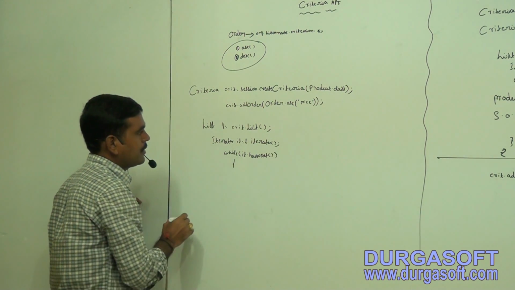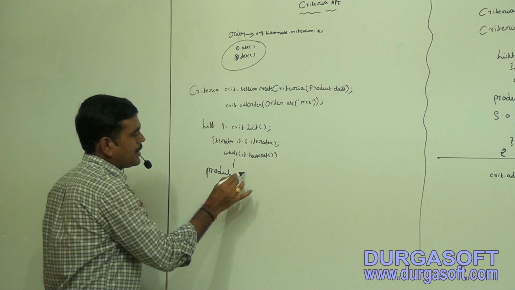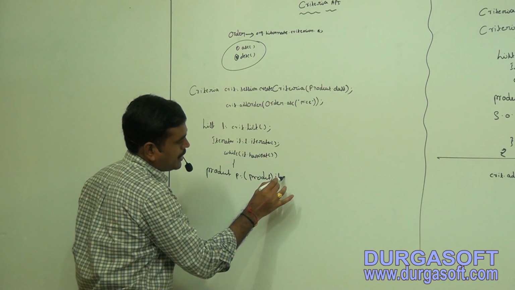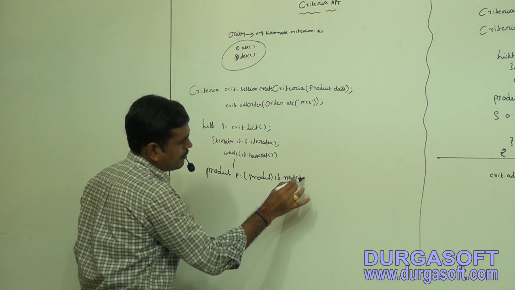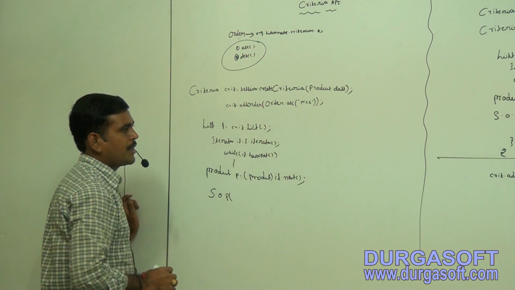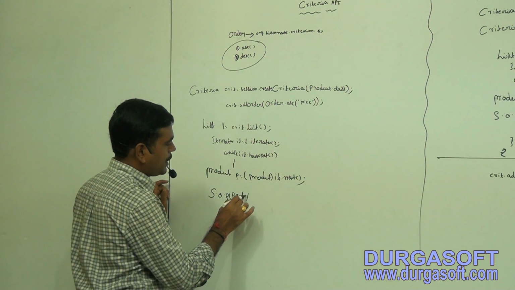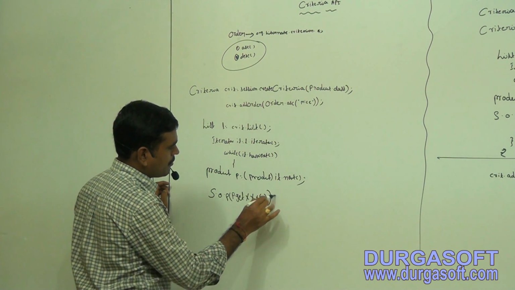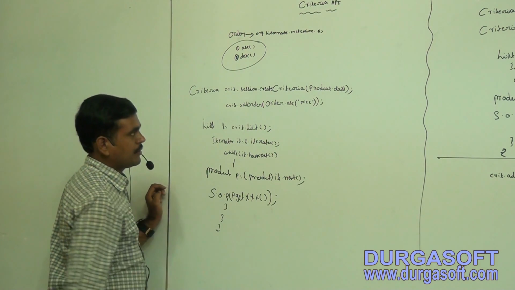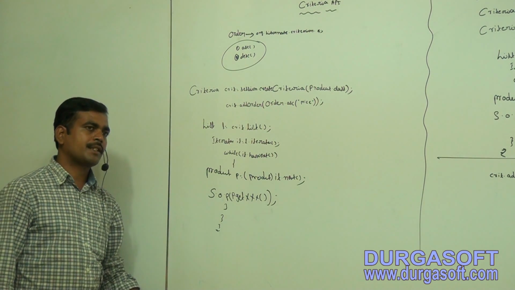The next after that Product P is equal to Product of it dot next. Then System dot out dot println P dot get methods. Close the while loop, close the method, close the class. This is the way to print either in ascending order or descending order.